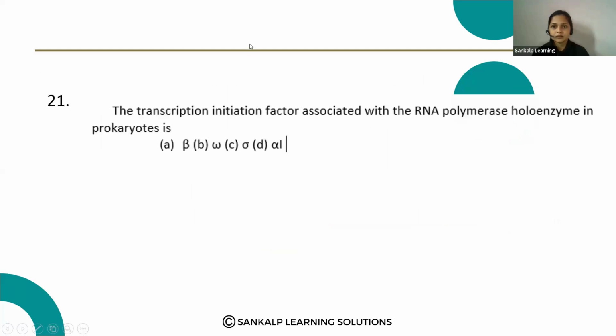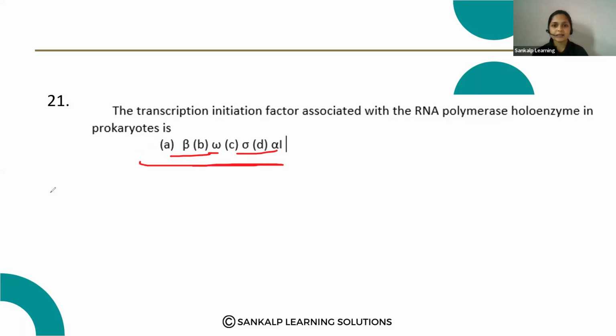Next question. Transcription initiation factor associated with the RNA polymerase holoenzyme in prokaryotes. So in prokaryotes, which is associated: beta factor, omega, sigma or alpha? What is the correct answer?